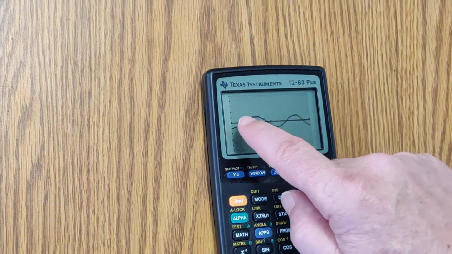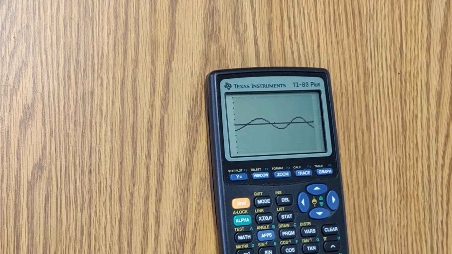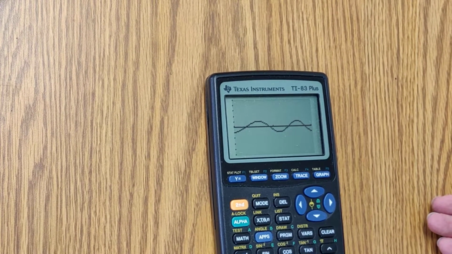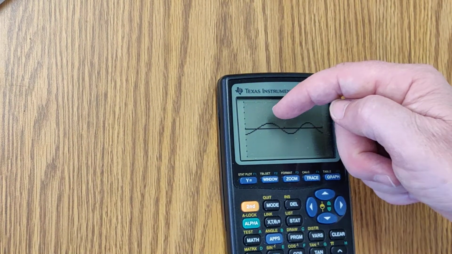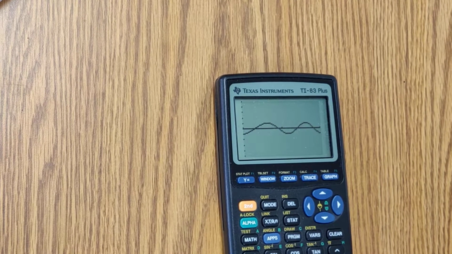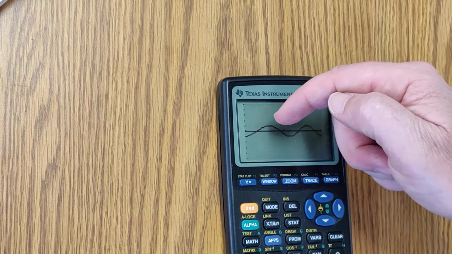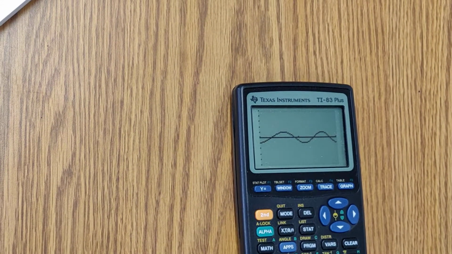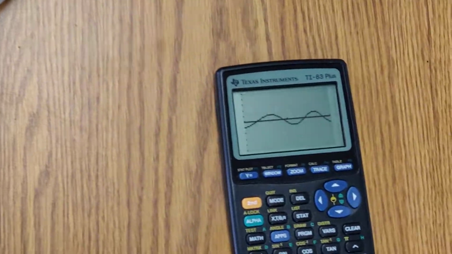And then we count. 1, 2, 3, 4. The graph has 4 x-intercepts. And at those 4 x-intercepts, the graph of f prime changes either from below the x-axis to above or from above to below. In other words, f prime changes from negative to positive or from positive to negative. And that's it. So the number of relative extrema will be 4.